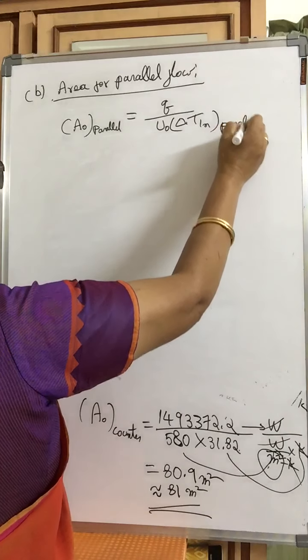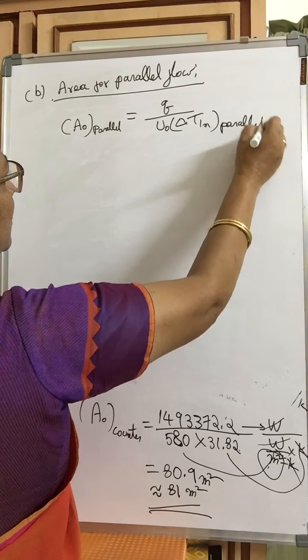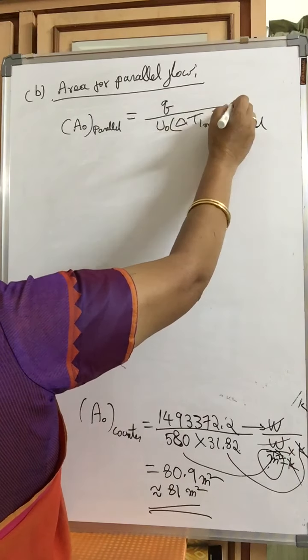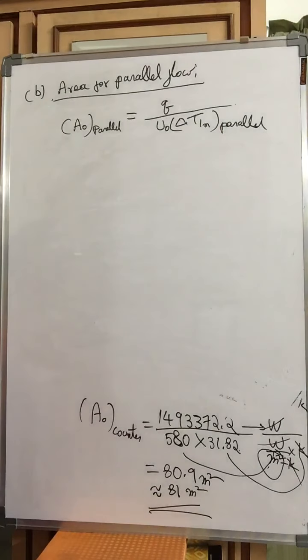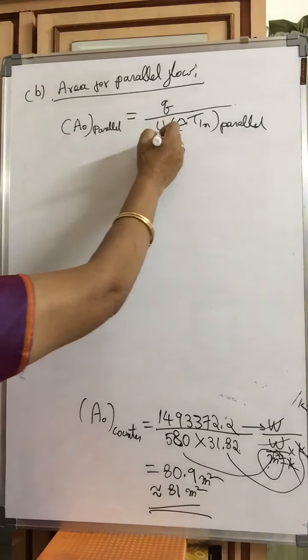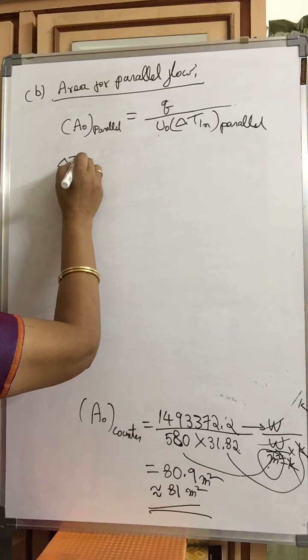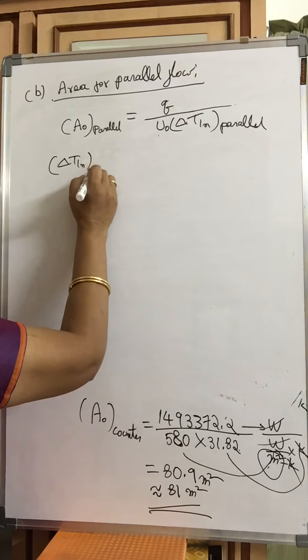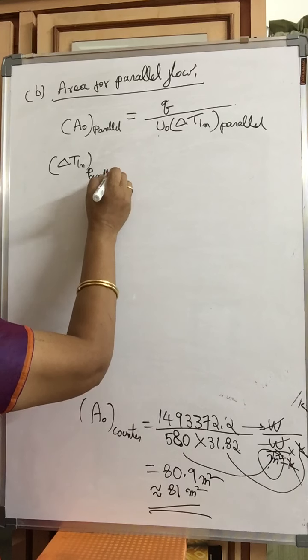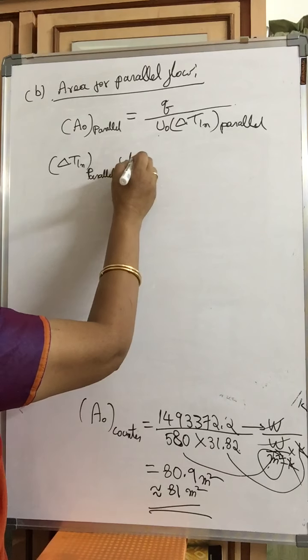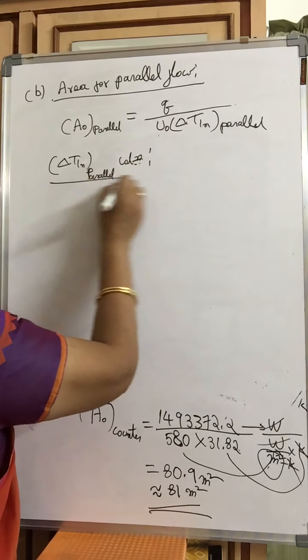This is the equation. Okay. Q by, you have U0 value, you have Q value, calculate delta T ln parallel. Delta T ln parallel calculation.